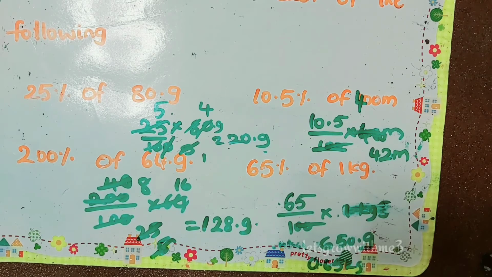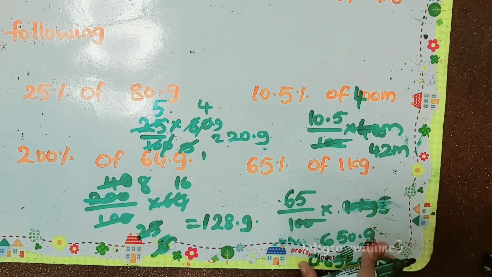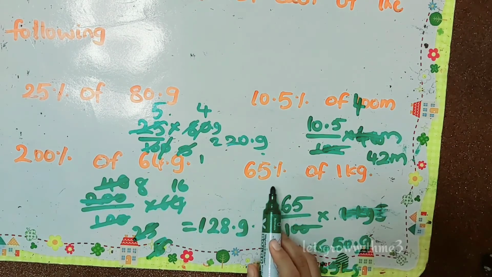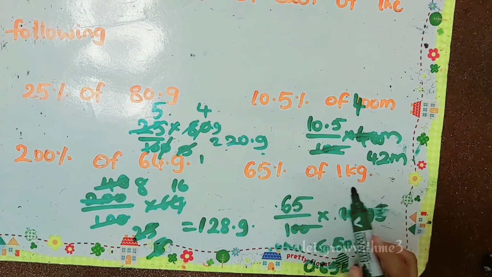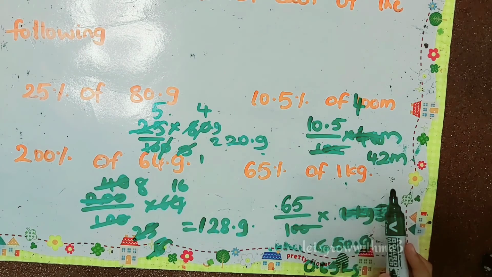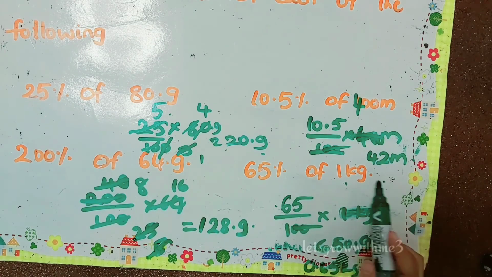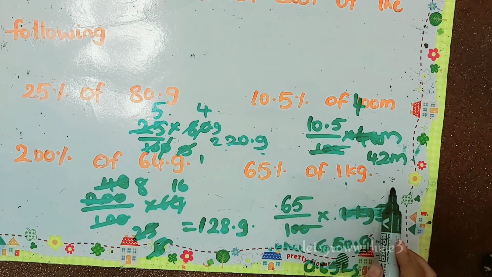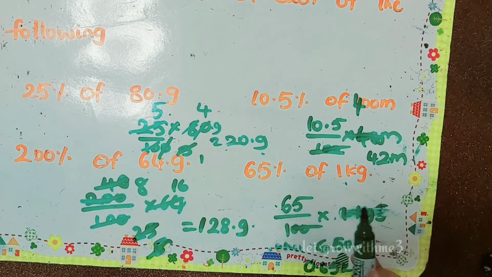But whatever it may be, the whole value should be in the same unit. It shouldn't be in different units. If you have 1 kg plus 300 grams, then you need to convert 1 kg 300 grams into grams, or into kilograms. Then you need to calculate the 65 percentage of that value.